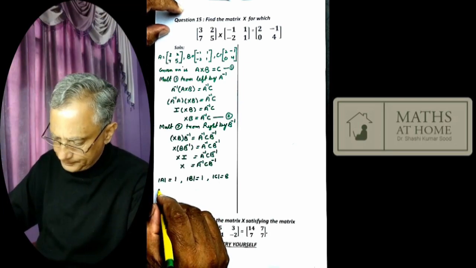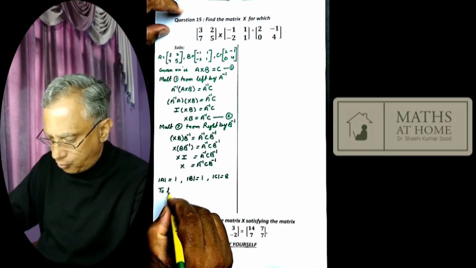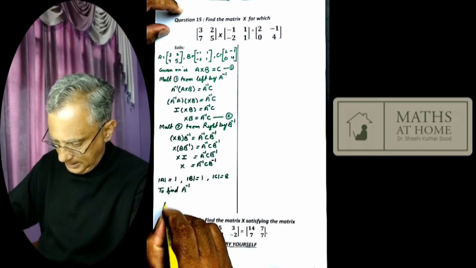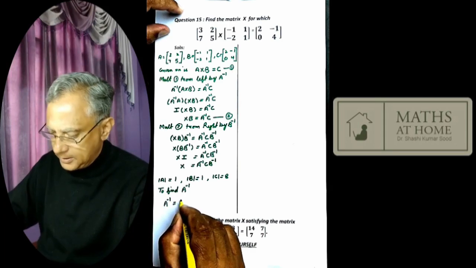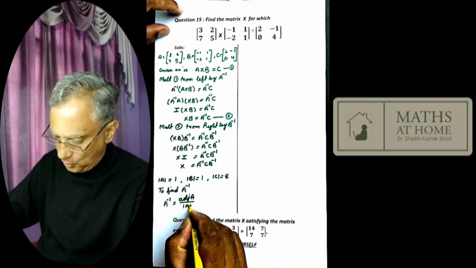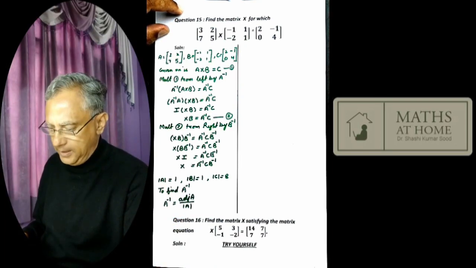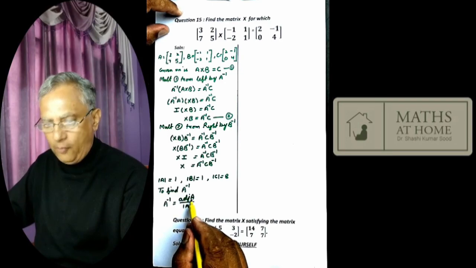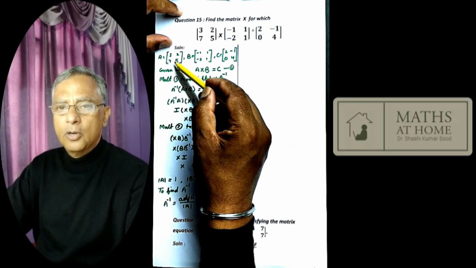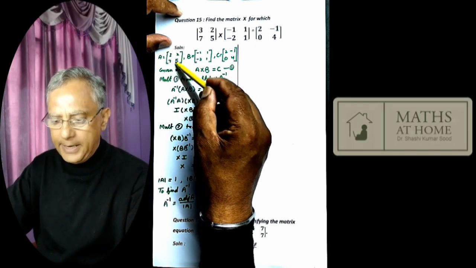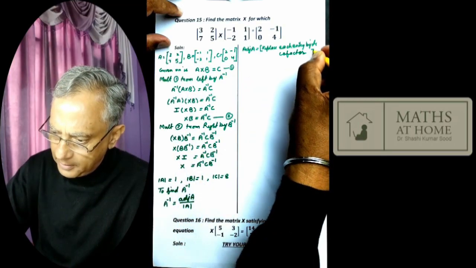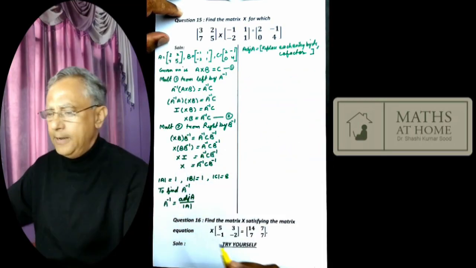To find A inverse, A inverse is equal to adjoint of A over determinant of A. Now in order to find adjoint of A, what we do is replace each entry by its cofactor and take the transpose.